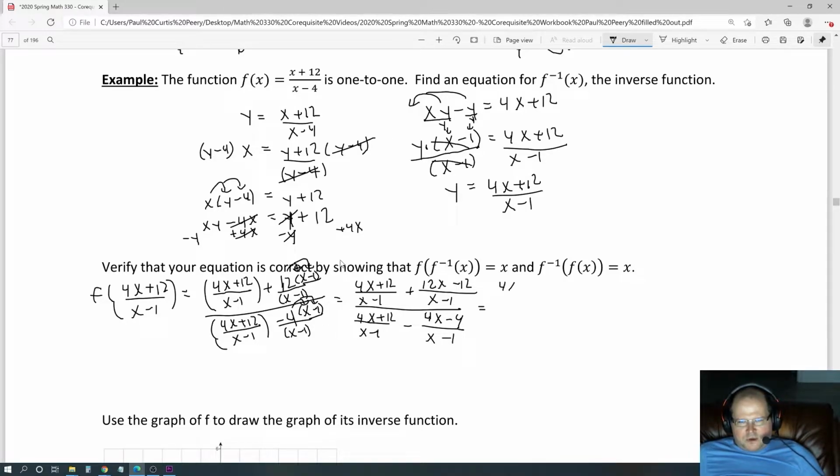And that would give me 4x plus 12 plus 12x minus 12 all over x minus 1 because they have like denominators. Okay, and then we'd say 4x plus 12 minus, in parentheses, 4x minus 4, all over x minus 1.